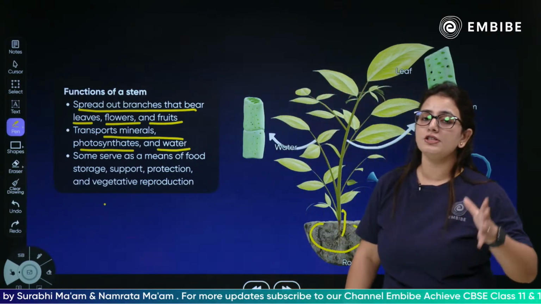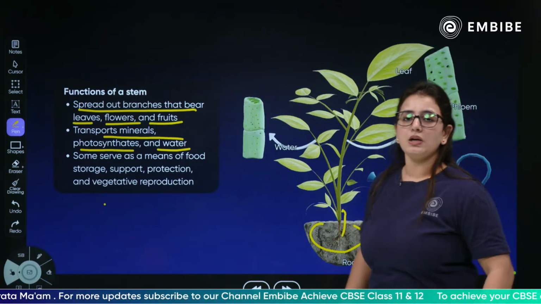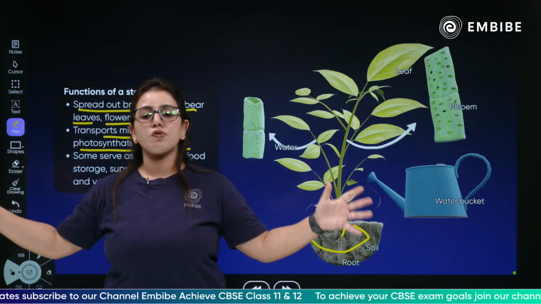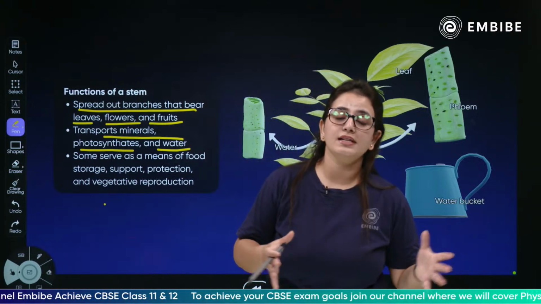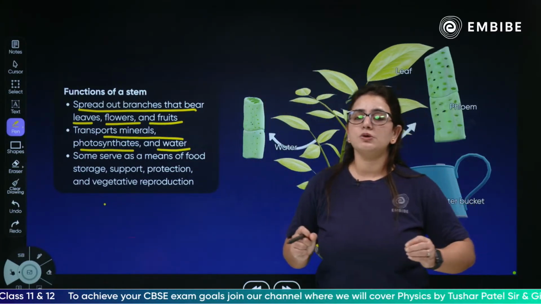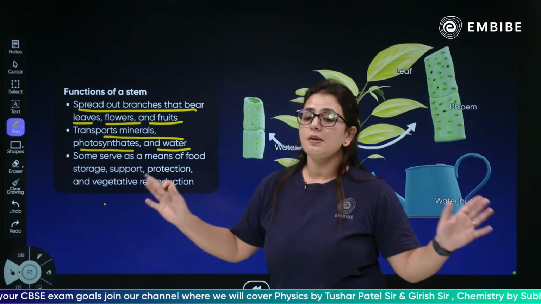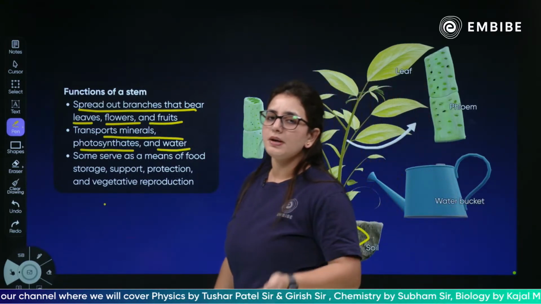The xylem is always unidirectional, so it will always be in the main stem, but the branches will have phloem, and phloem conducts both water as well as minerals. Xylem is concentrated only on the transport of water as well as minerals. The phloem takes the food, the hormones, the minerals, everything.